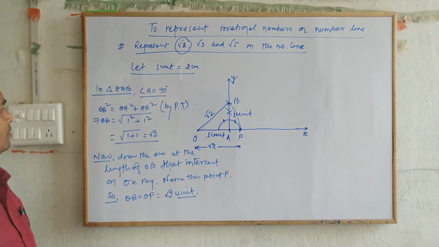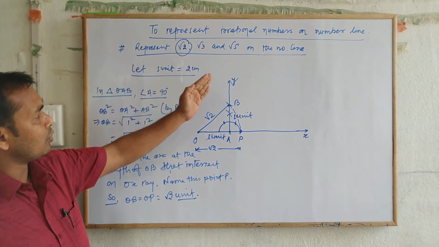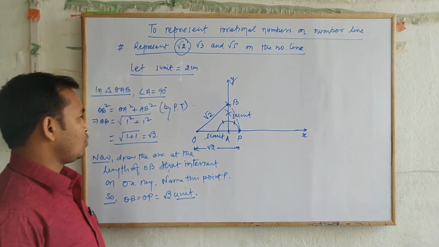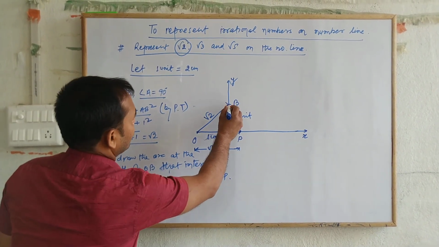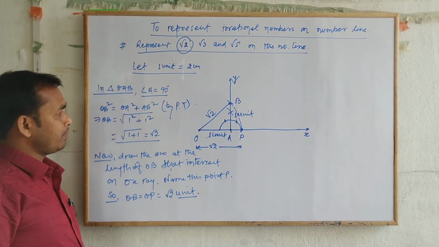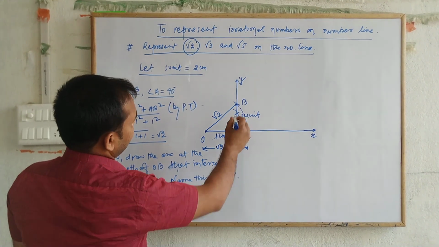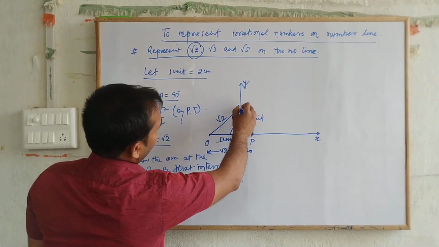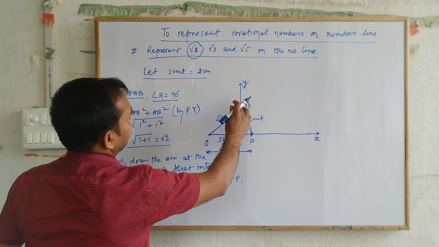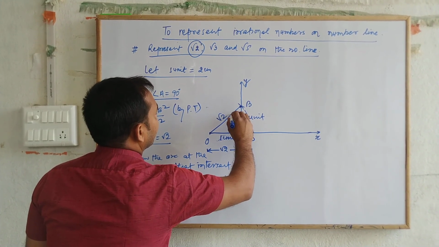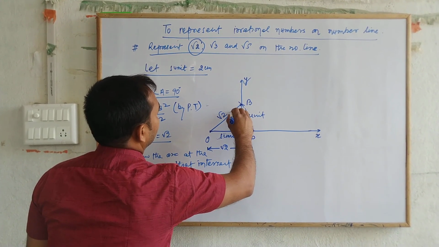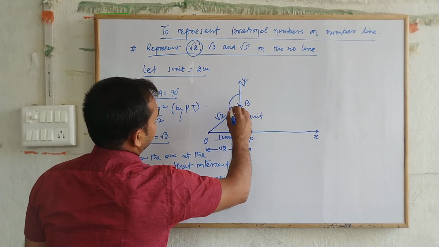And similarly we can draw root 3 and root 5. But how? Look for root 3. Here is root 2. Once again from point B, draw a right angle with the help of the compass or the protractor.